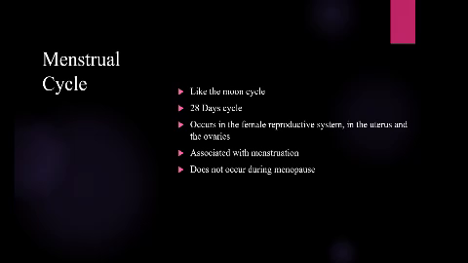So, the menstrual cycle basically, it's a what? The menstrual cycle is a period or a process of discharge of blood and other things from the vagina of a woman. Okay, it is a natural periodical process that brings changes in the female reproductive system.